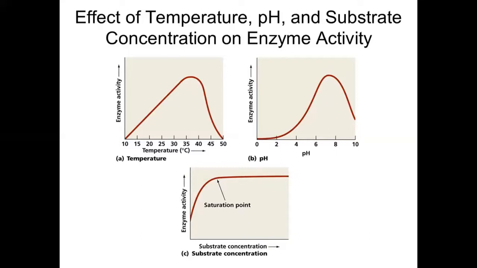Another property of enzymes, shown in this graph, is the effect of pH. Enzymes are affected by change in pH. The most favorable pH value, the point where the enzyme is most active, is known as the optimum pH. The optimum pH in our body, the physiological pH, is from 6 to 8.